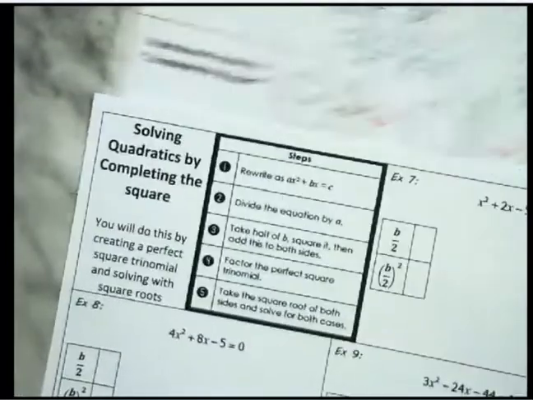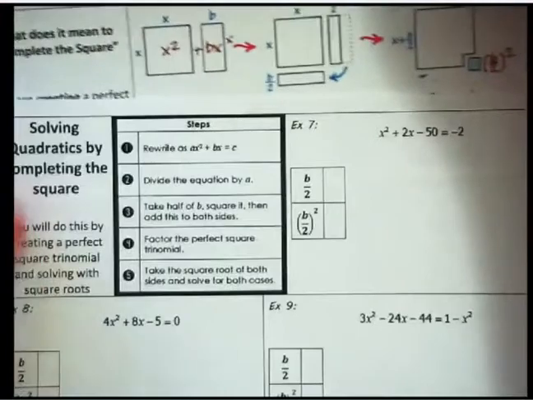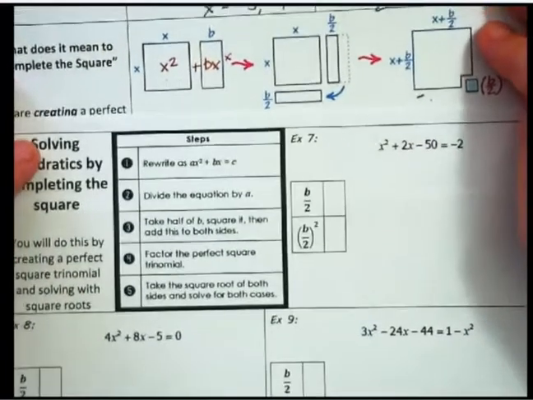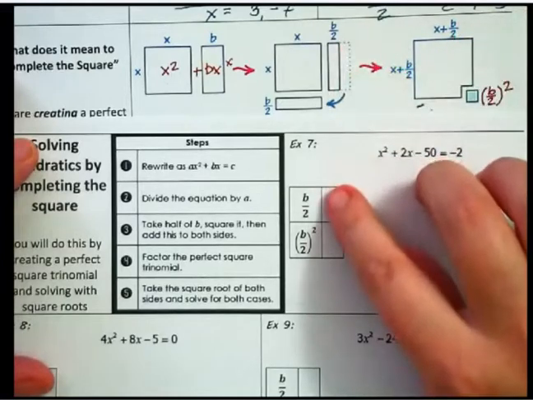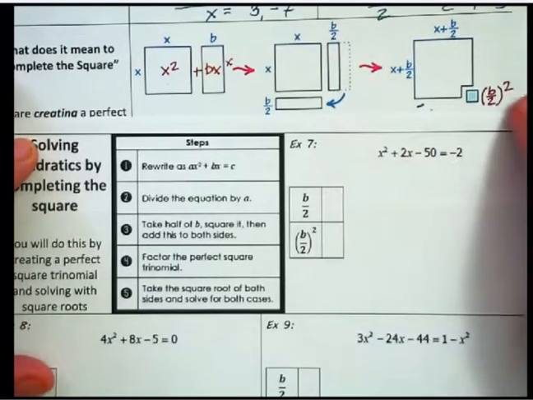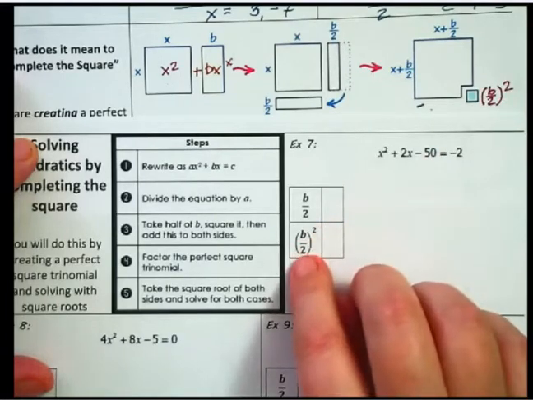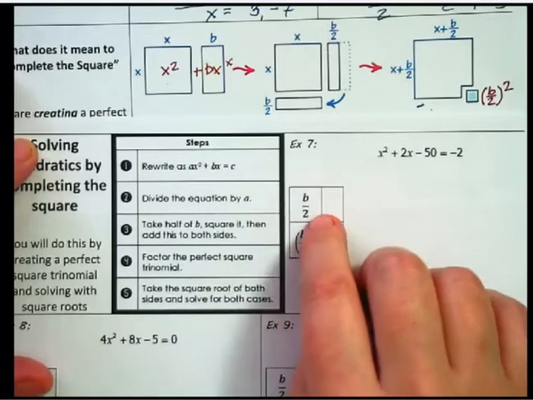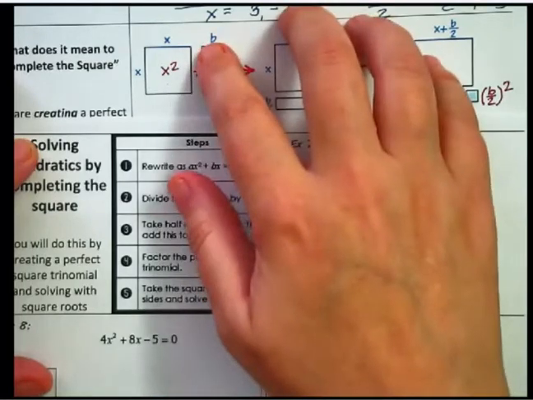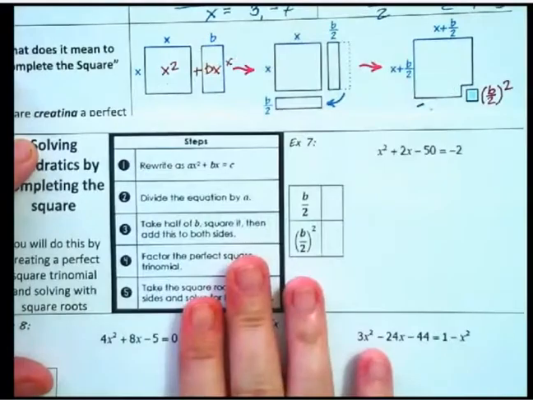Let me pull up my picture again. You still see the same elements here. You see the b divided by 2 and the b divided by 2, and then you see the b divided by 2 squared. This is just my way of helping to keep my work organized. We're going to do this process, but instead of visually, we're going to do it algebraically.